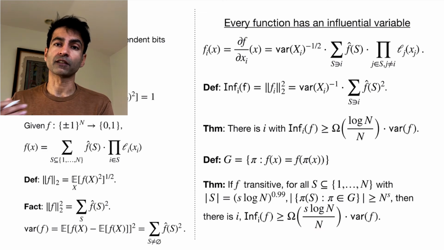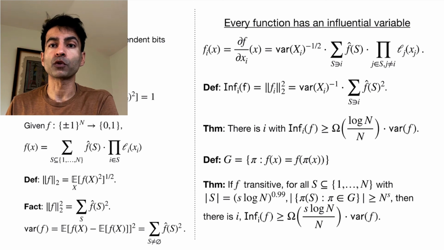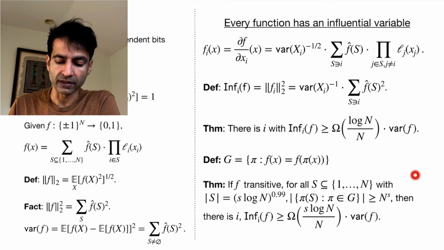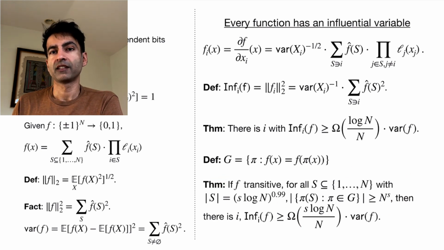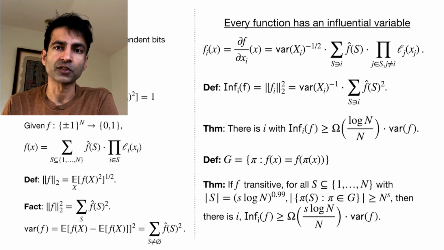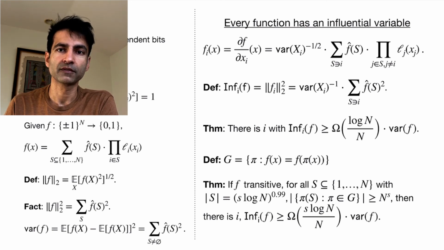So you get an even larger, even more influential variable. Okay. And in fact, the function we defined does satisfy the assumptions here. Its group of symmetries does satisfy these assumptions because its group of symmetries is the same as the group of symmetries of the code. Okay.